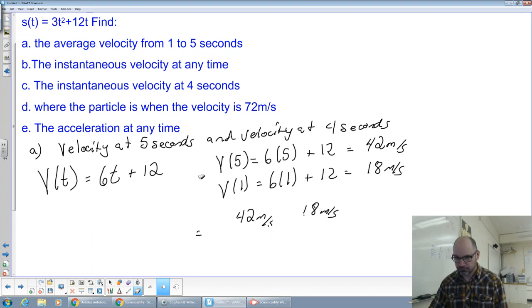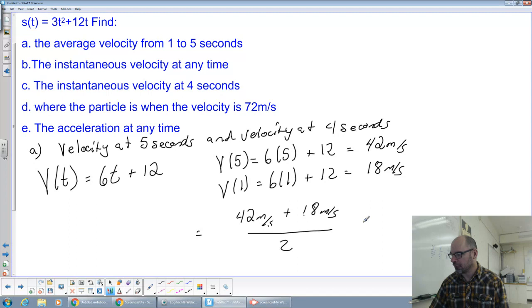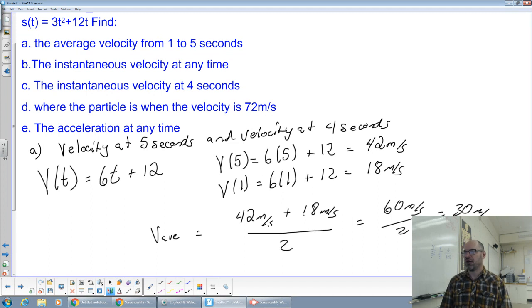Plus. Sorry. Plus. Okay, and then we have two velocities, so we divide by 2, get our V average. I was doing acceleration there. Okay, so 18 plus 42, that's 60 meters a second divided by 2 equals 30 meters a second. Okay, so that's an average velocity, taking the first one and the second one, averaging them out.